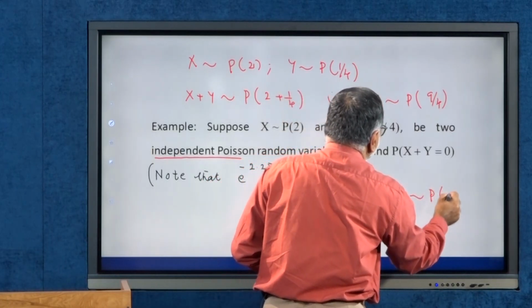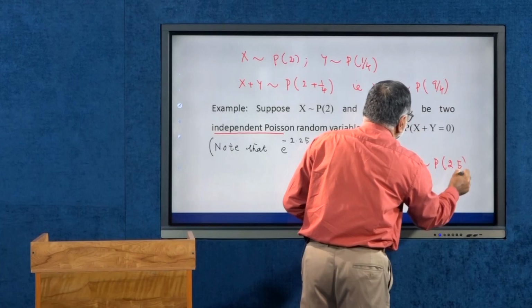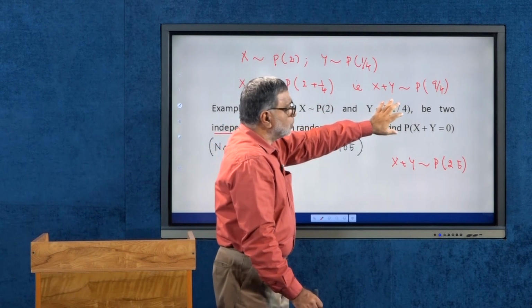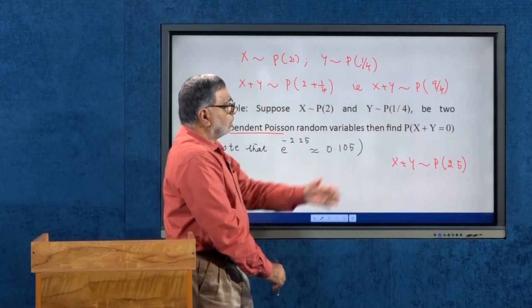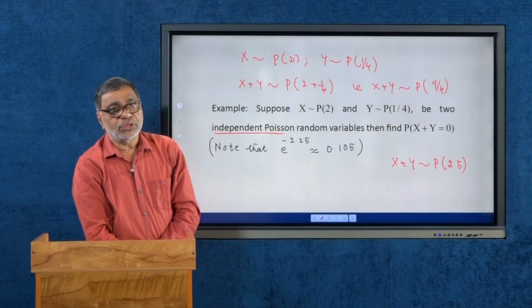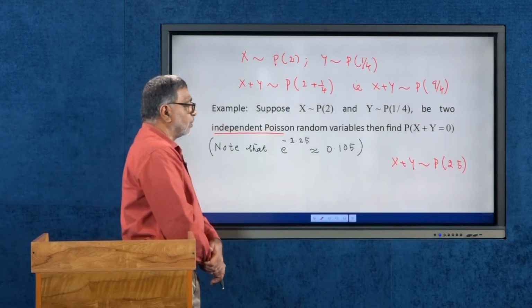So, if x is a Poisson with the parameter 2 and y is a Poisson with the parameter 1/4, using the additive property x plus y follows Poisson with the parameter 2.25.